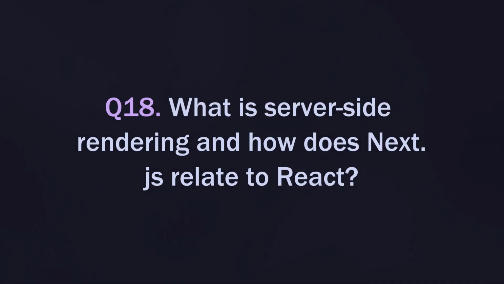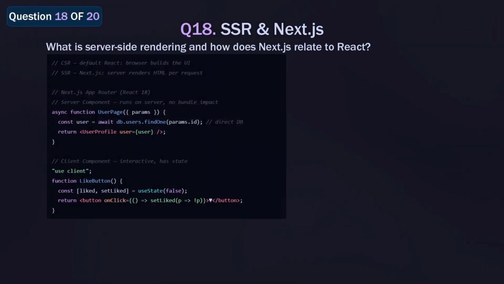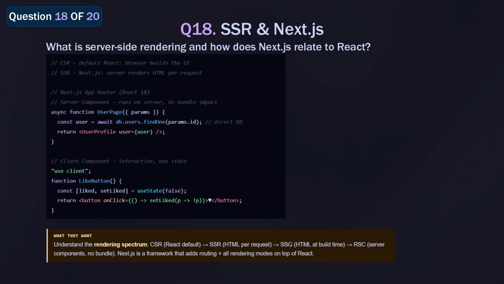What is server-side rendering and how does Next.js relate to React? React by default is client-side rendering. The browser downloads an empty HTML shell and JavaScript. React runs in the browser, and the UI is built client-side. Server-side rendering generates the full HTML on the server on each request. The user sees content immediately without waiting for JavaScript to execute.